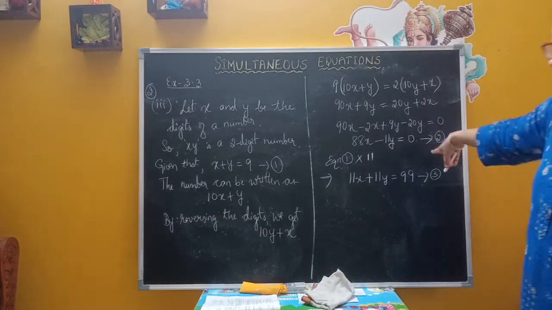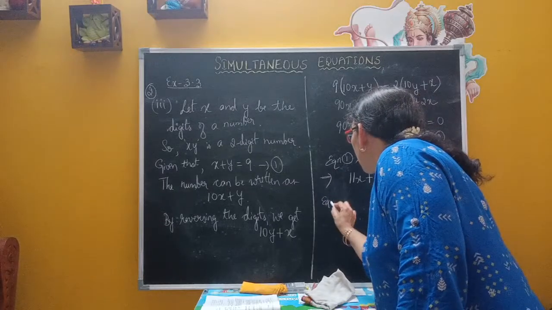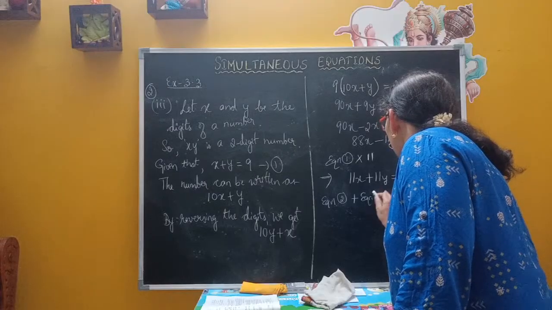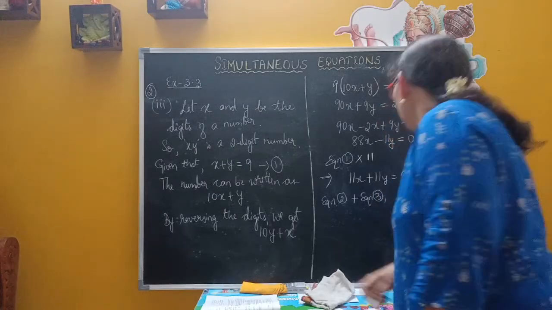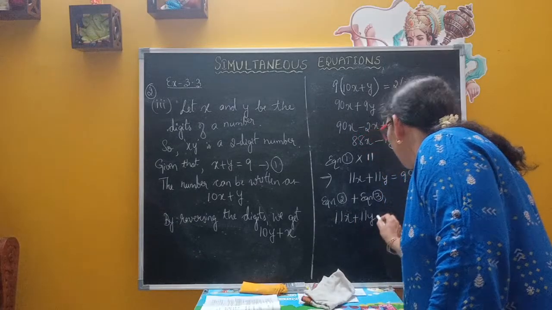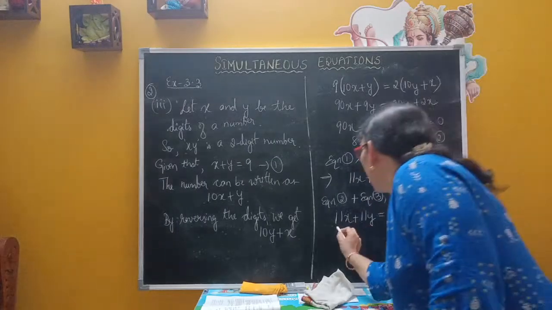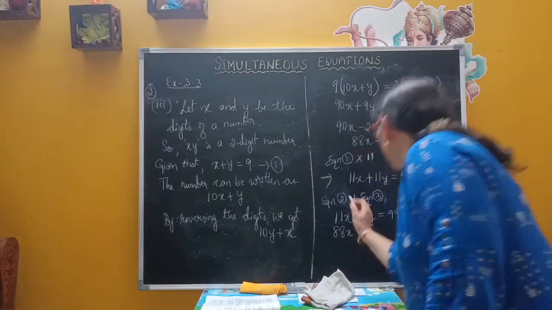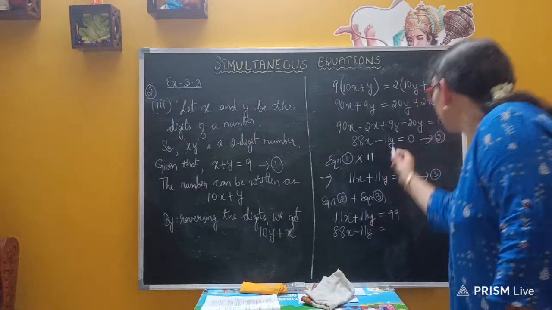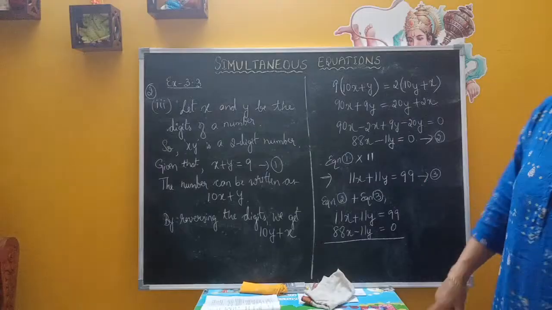Okay, now add equation 2 and 3. Equation 3, we get 11x plus 11y is equal to 99. Here second equation, 88x minus 11y is equal to 0. Do we need to change the sign? No, because we are adding.